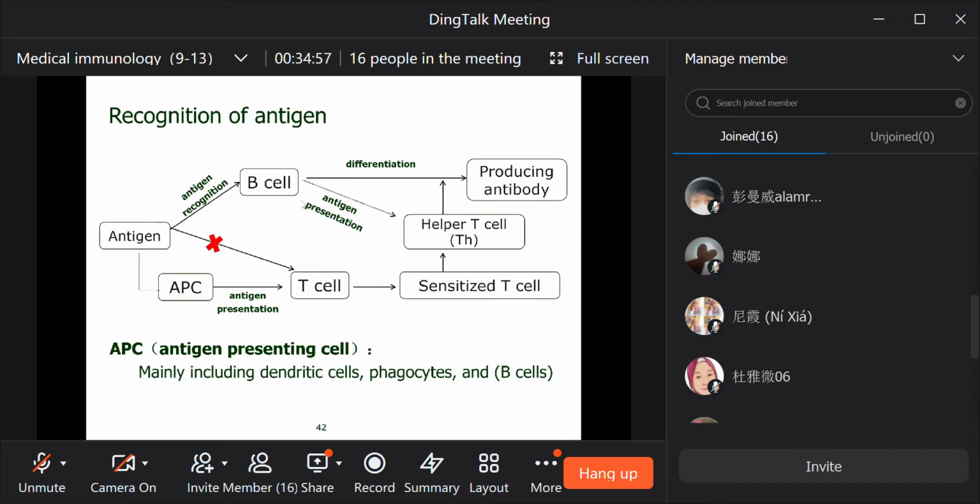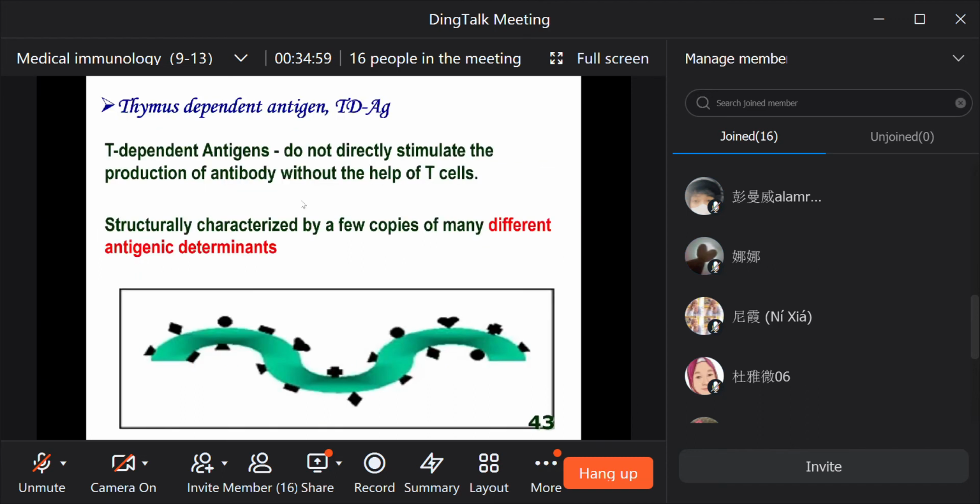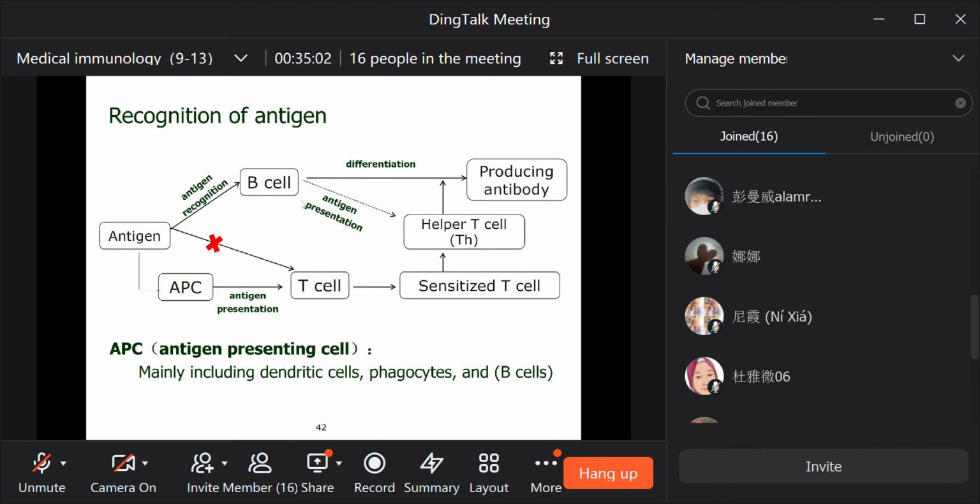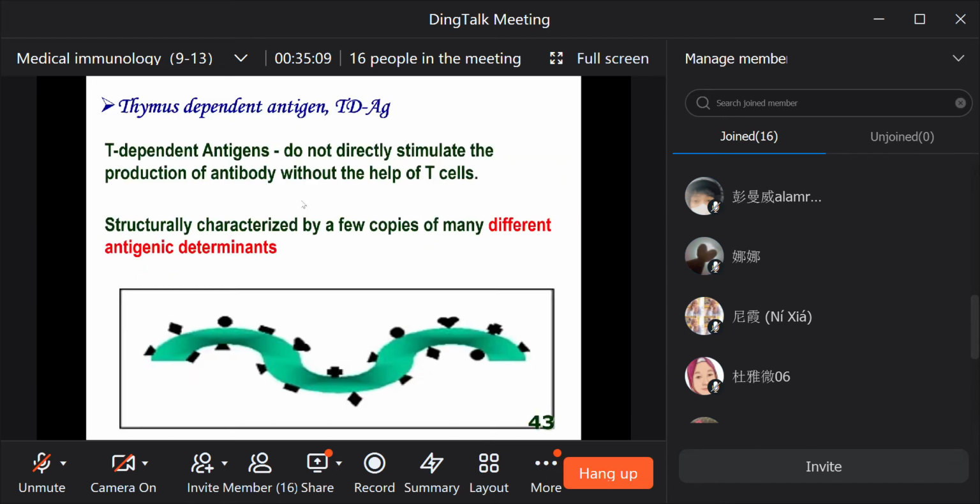So actually, most antigens depend on the T cell. Here is the description of the T-dependent antigens.